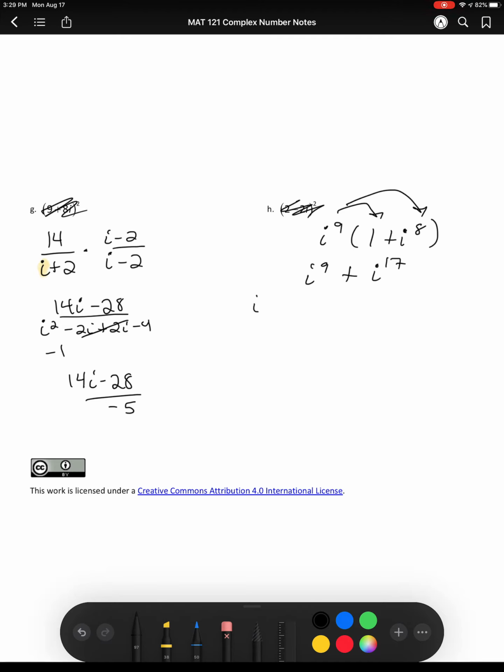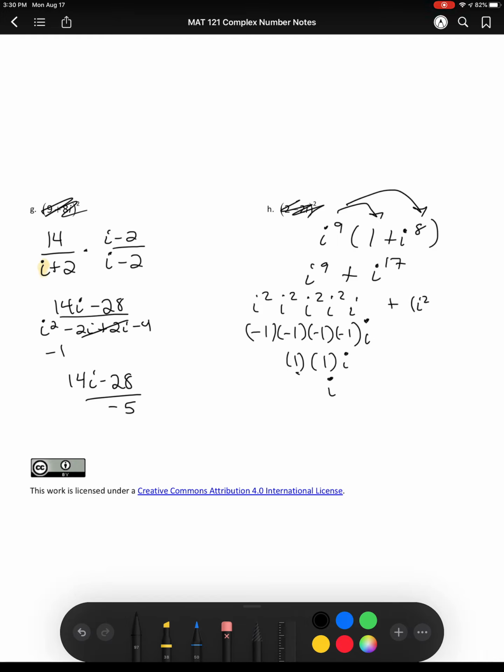So if I broke down i to the 9th into i squared times i squared times i squared times i squared times i, the i squareds are all negative 1. So it'd be negative 1 times negative 1 times negative 1 times negative 1 times i. Well, negative 1 times negative 1 is 1, and that happens twice. So you see we just end up with i.